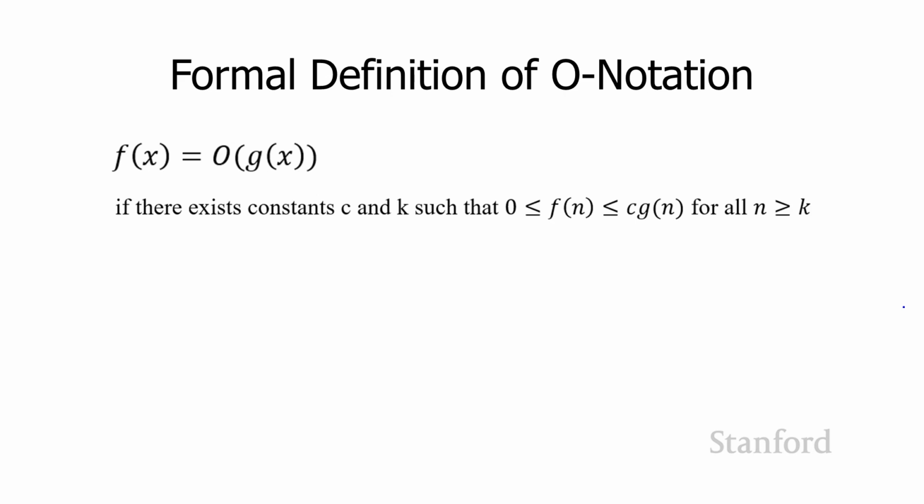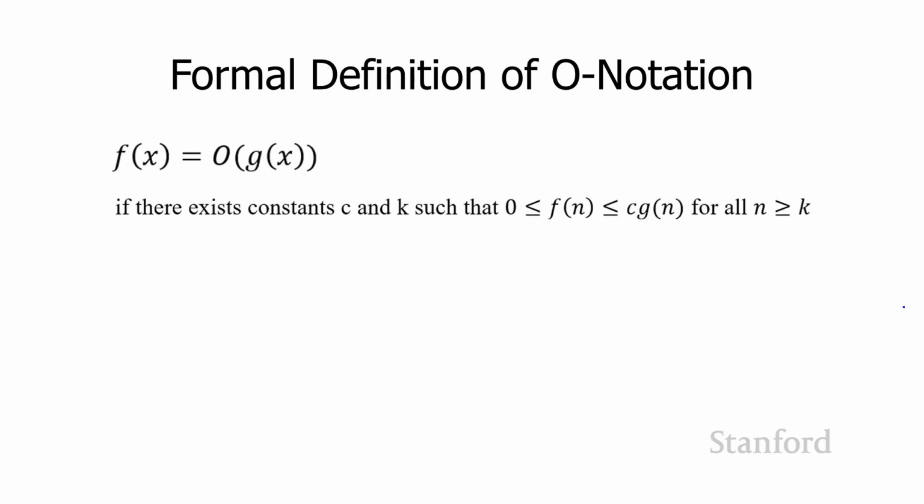The g of x in the case of binary search would be log n. So I would say the performance of binary search is O of log n because the actual performance of binary search, that's the f of x, is less than or equal to log of n times some constant for n greater than or equal to k.